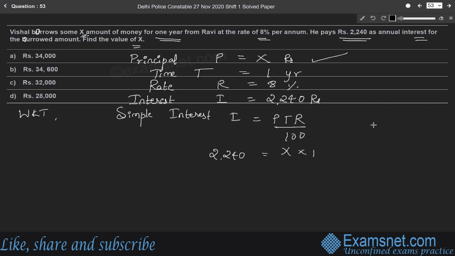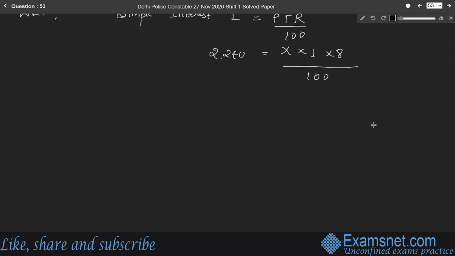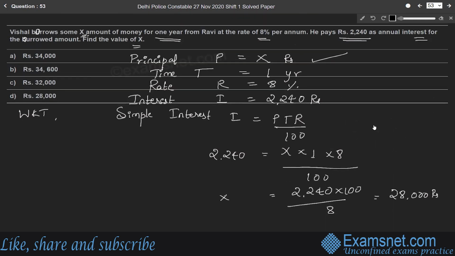Time period is 1 year and rate of interest is 8% divided by 100. Therefore, X is equal to 2,240 into 100 divided by 8, which is equal to 28,000 rupees. Therefore, the value of X, the principal amount, is 28,000, hence option B.